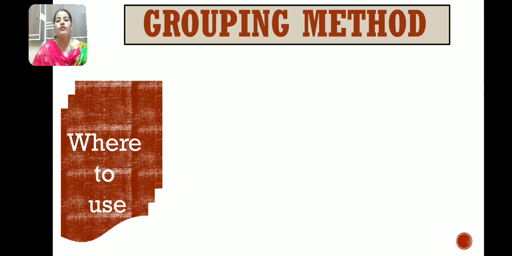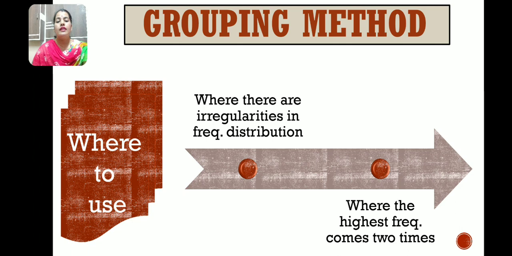Here two conditions are there where you have to use the grouping method. The first condition is where there are irregularities in the frequency distribution. Suppose in the question the frequencies are like the first is 2, then 6, then 10, then 94, and the fifth is 96.